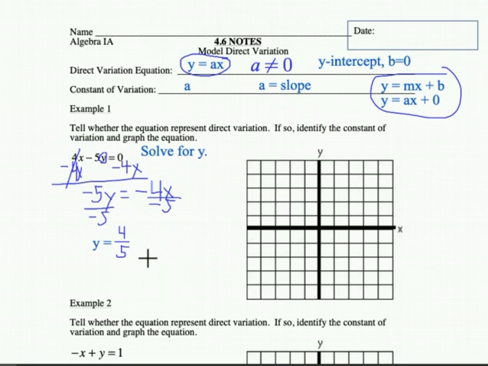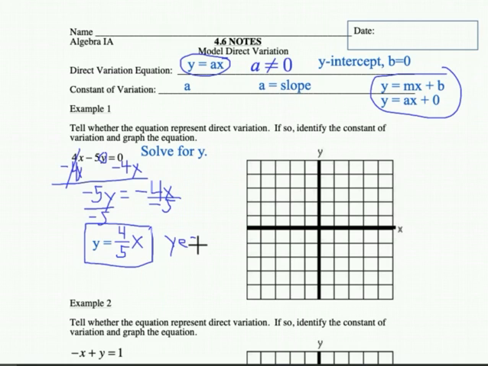So I have y equals 4/5 times x. And this is in the form y equals some number times x, where that number a is not 0. So this is direct variation right here. So yes, it is a direct variation equation.